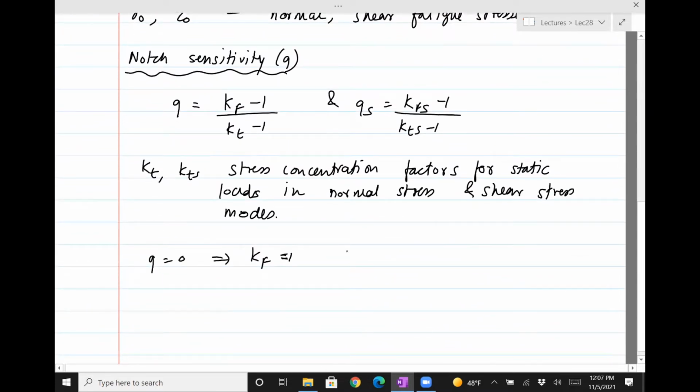We say that the specimen has no sensitivity. In other words, the presence of the notch doesn't really affect the stress. If Q equals 1, then KF will be KT, and we say that the specimen has full notch sensitivity.